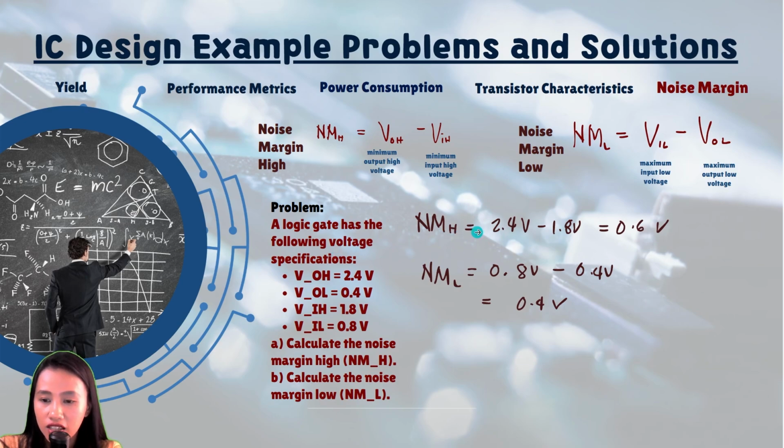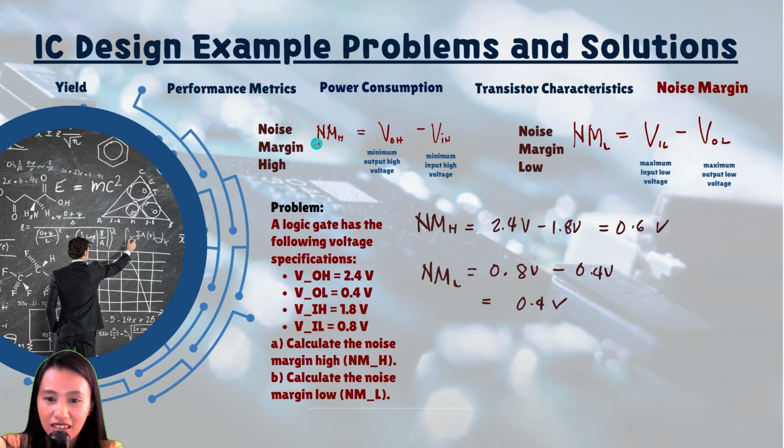So for this one, you just have to substitute in the formula. For all the minimum values, you add them together. Output first before the input. So 2.4 minus 1.8 is 0.6 volts. Again, for the low, it's input minus output. So input low voltage first before the output. So for the high, it's OIH, HOI.